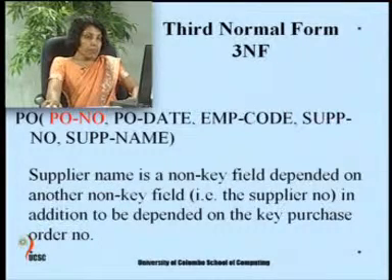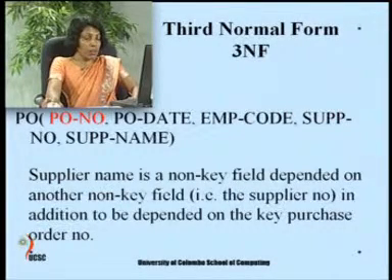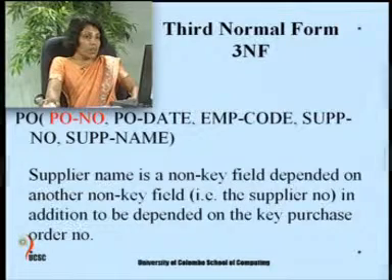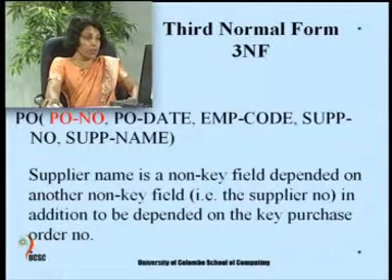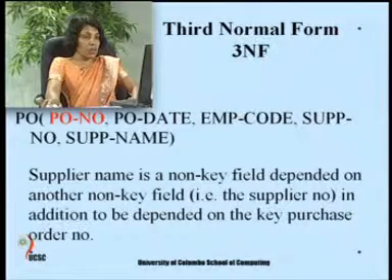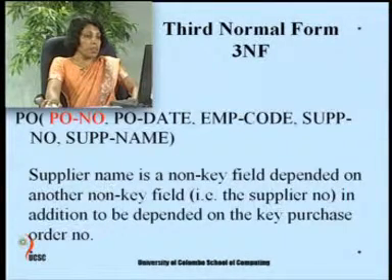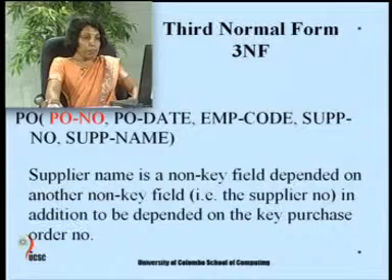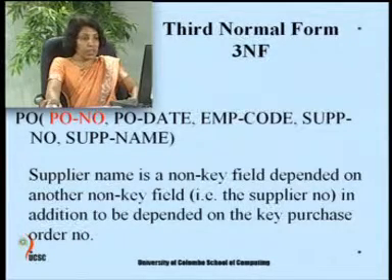So now I am using the same example to illustrate the third normal form. Now you may remember the attributes relevant to the purchase order relation: purchase order number, purchase order date, employee code, supplier number and supplier name. Now here you know that supplier name is a non-key field dependent on another non-key field, that is supplier number.